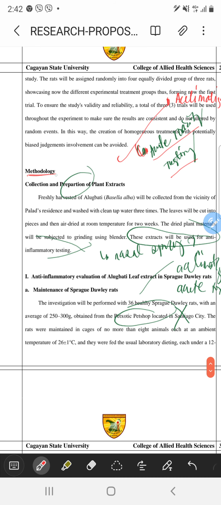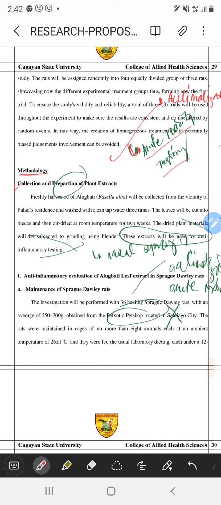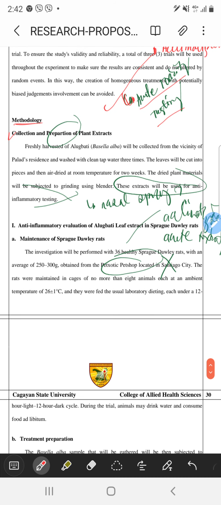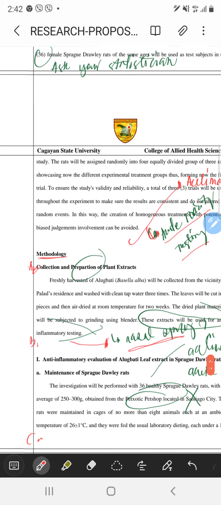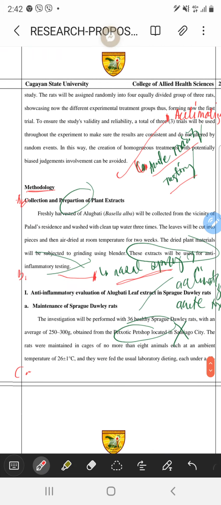For your methodology, yes, you start with the collection and preparation of plant extracts, and then after the collection and preparation, you should jump already with your nasal spray. This is the development of your nasal spray, and then C, no more acclimatization, it should be already here under your subject and sampling.